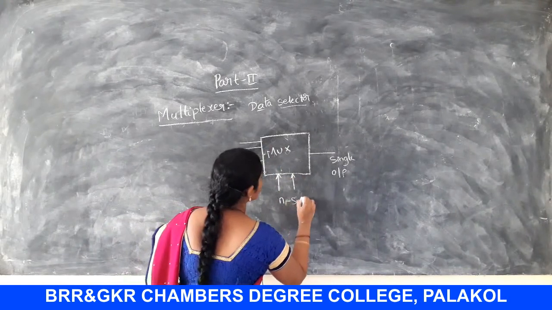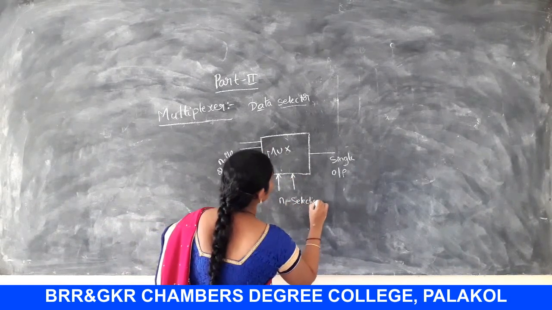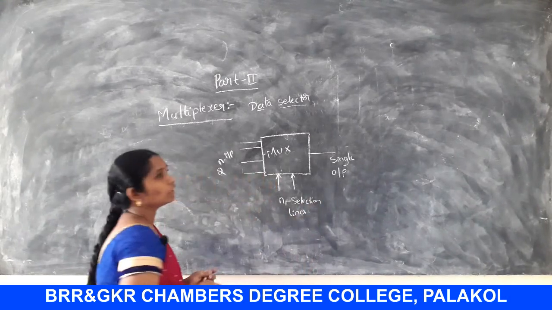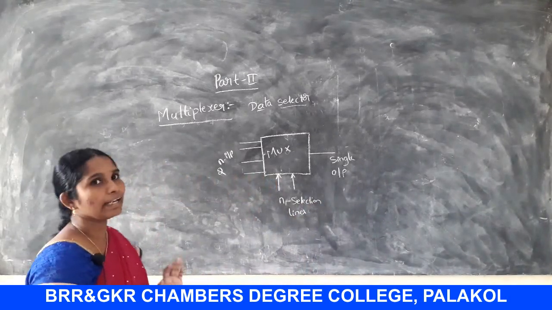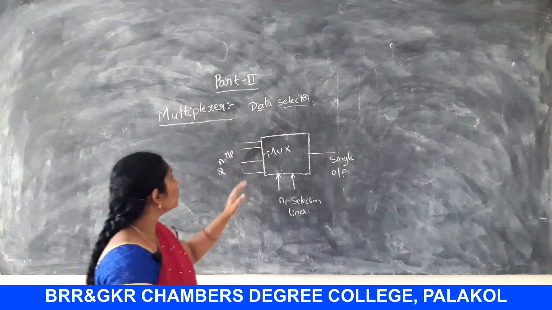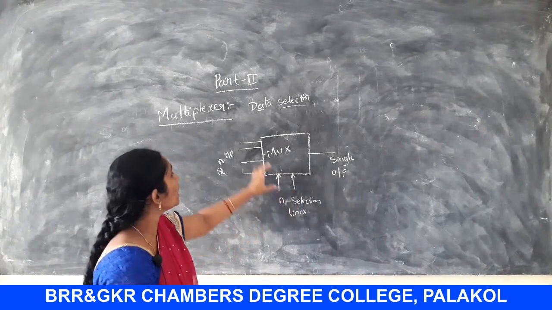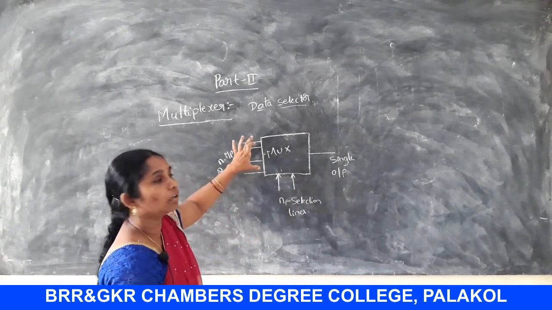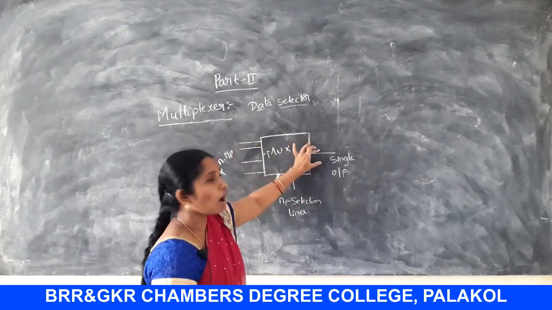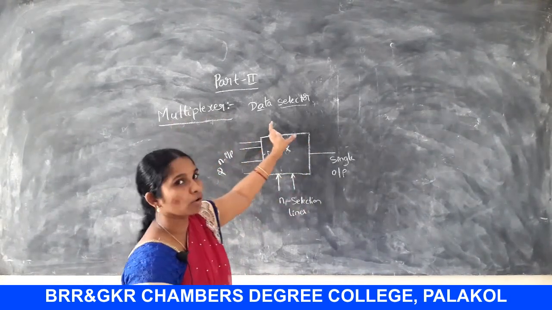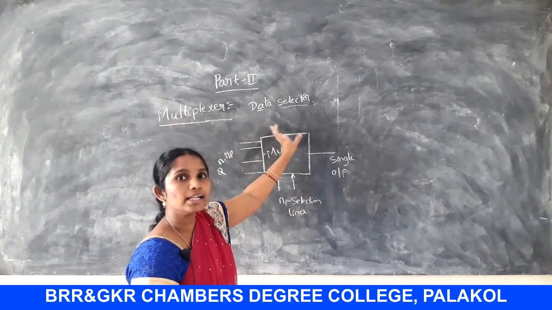Depending upon the selection lines, it will select the corresponding input to the one output. That is why the multiplexer is also called a data selector.